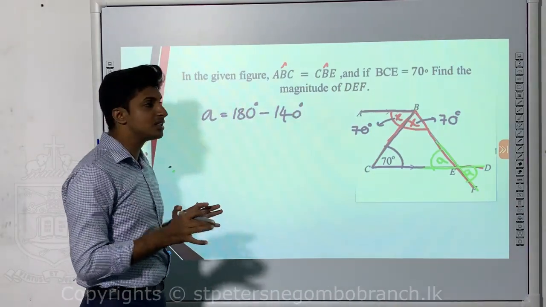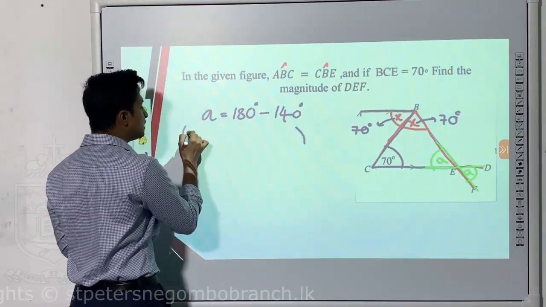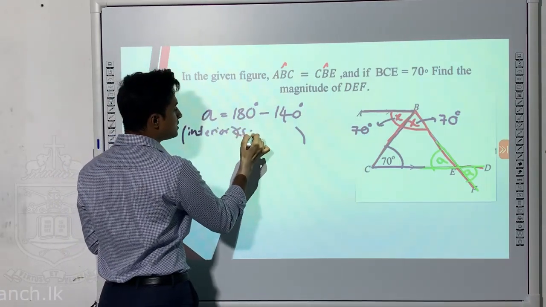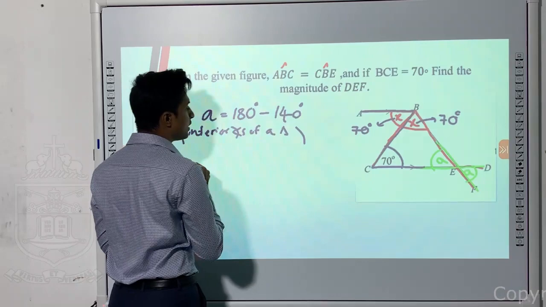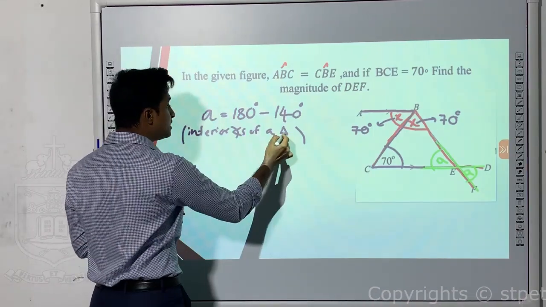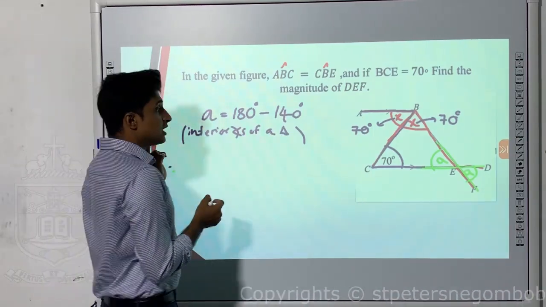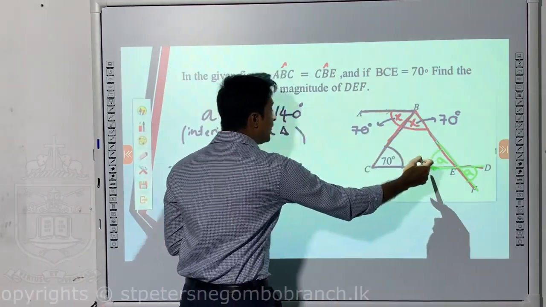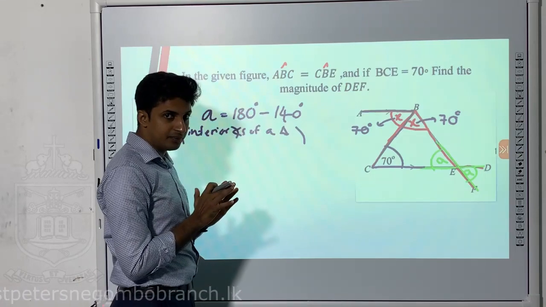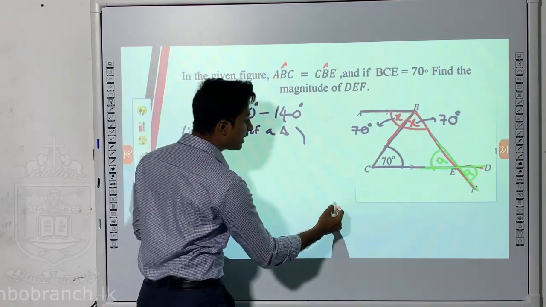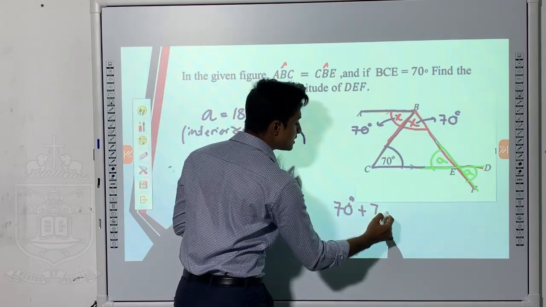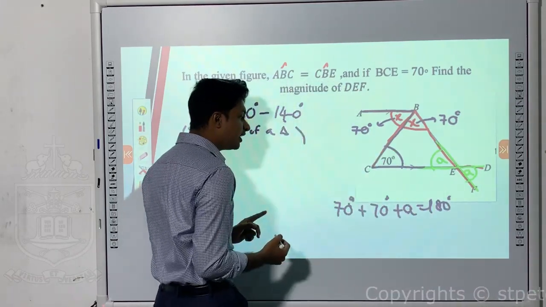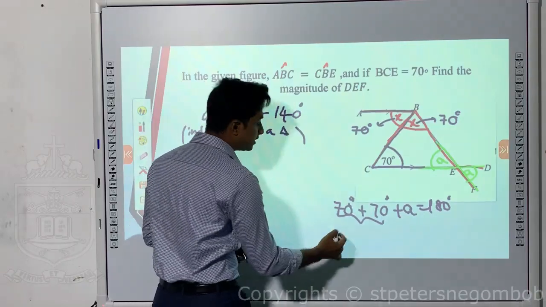Use these little steps. Under that you write the reason: interior angles of a triangle. I can write this. But the thing is, children, without writing 70 plus A equals 180, without writing this entire thing, what I did was I added these together, that is 140.